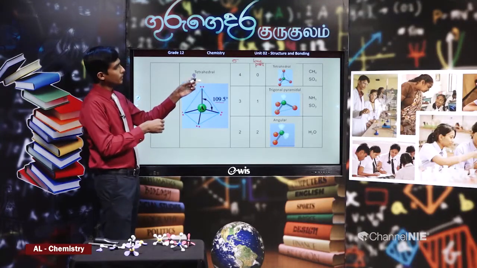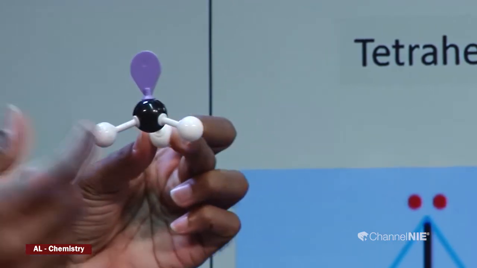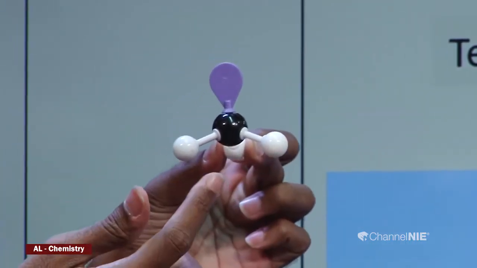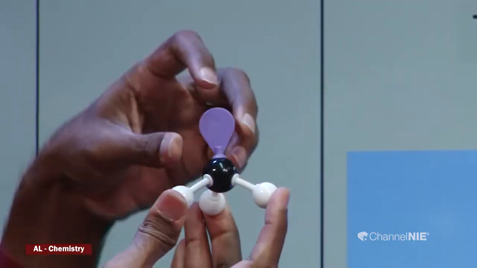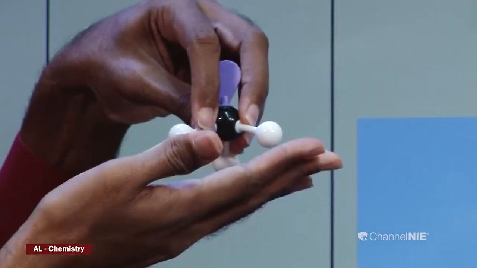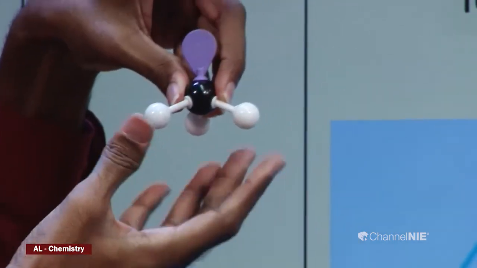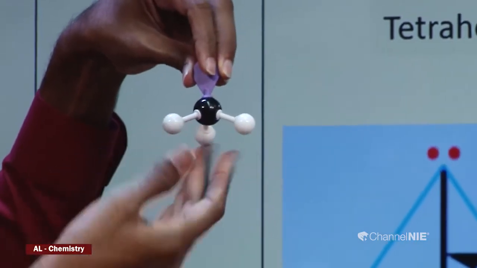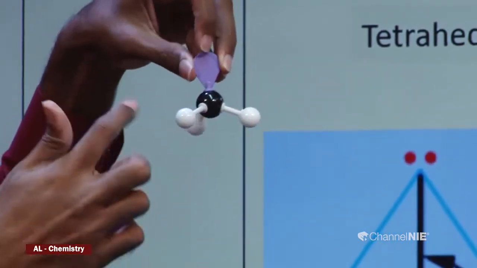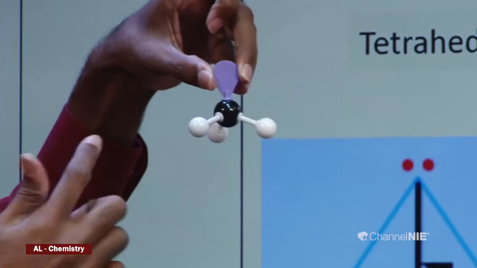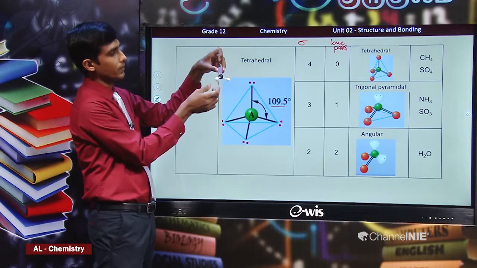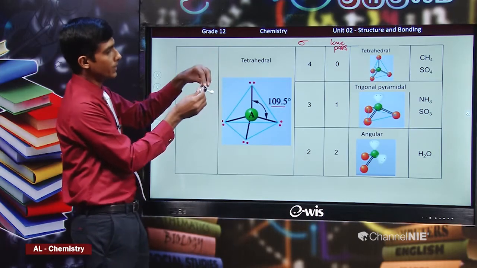If you just take the shape between the atoms, the base is like a triangle, trigonal, and now it is like a pyramid. This is called the trigonal pyramidal shape.